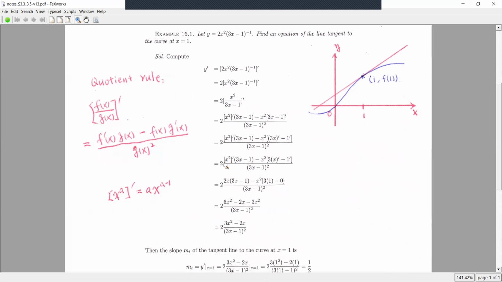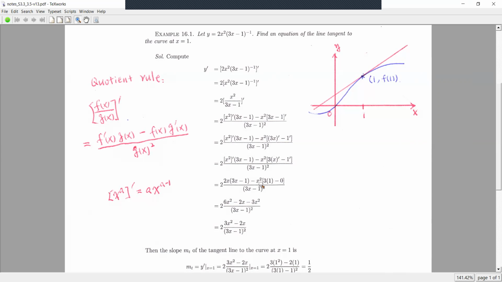Now, the derivative of x squared, by the formula for power function, is 2x. The derivative of x is 1. The derivative of the constant 1 is 0. Then we have this equation. Now, distribute 2x to 3x and to 1. Then we get the first two terms.